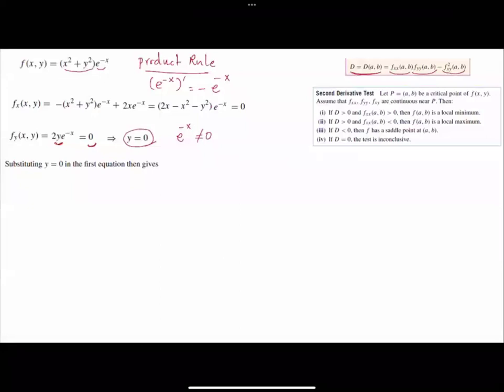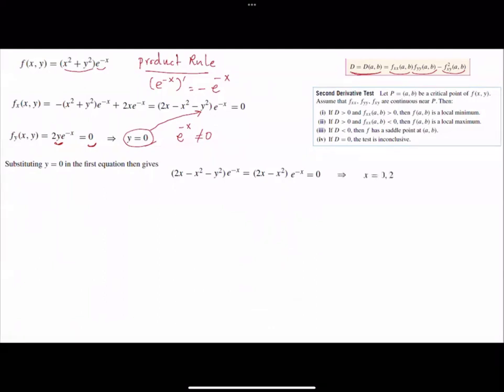Perfect. Now substitute y equal to 0 in the first partial derivative that you took here to be able to solve it. So if you set y equal to 0, you get (2x minus x squared) times e to the power negative x equal to 0. But again, e to the power negative x is never 0.